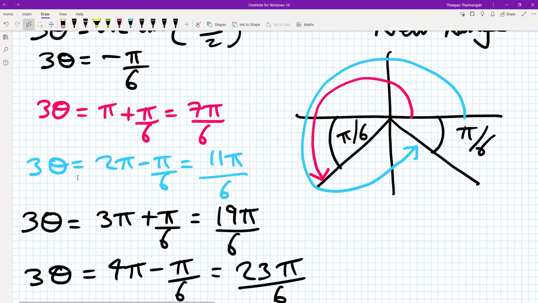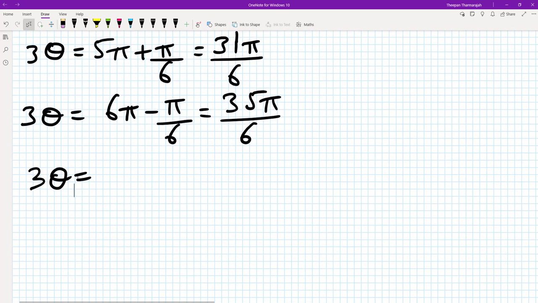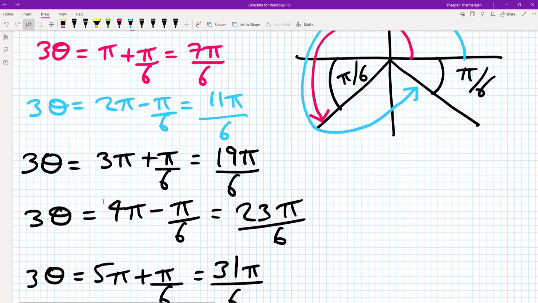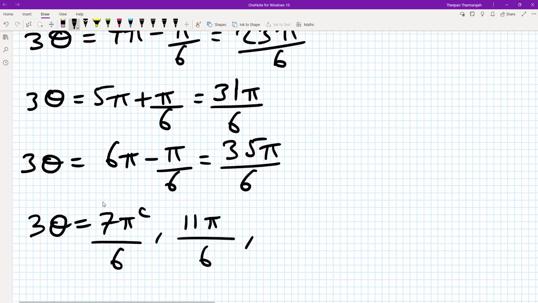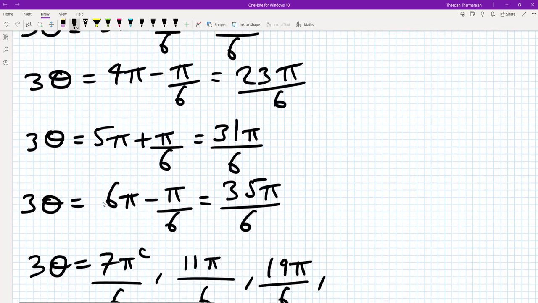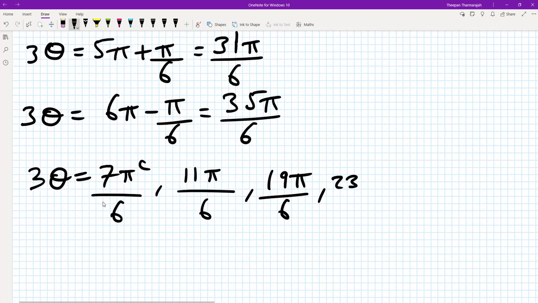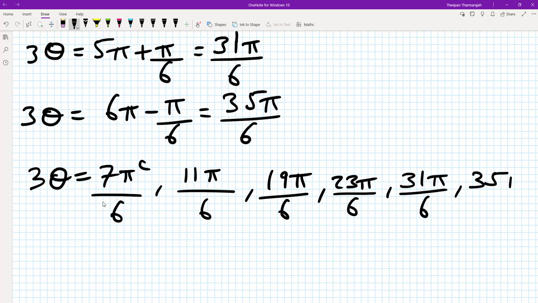We're going to get 7 pi over 6 radians, followed by 11 pi over 6 radians, followed by 19 pi over 6 radians, followed by 23 pi over 6 radians, 31 pi over 6 radians, and 35 pi over 6 radians, respectively.